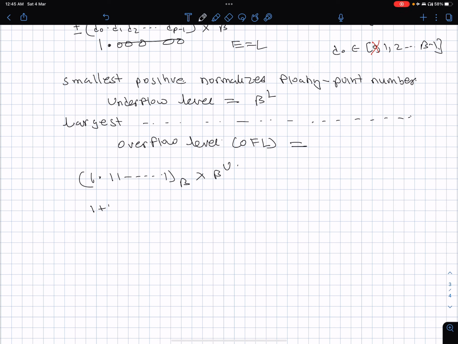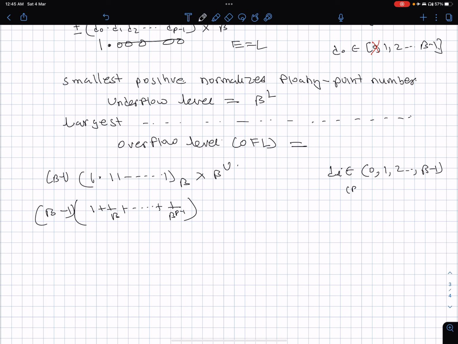So this is going to be 1 plus 1 by beta and so on up to 1 by beta to the power p minus 1, into beta minus 1. I somehow always think in terms of binary numbers first, but I'm keeping the discussion generic. So the digits di have a range from 0, 1, 2 and so on up to beta minus 1.